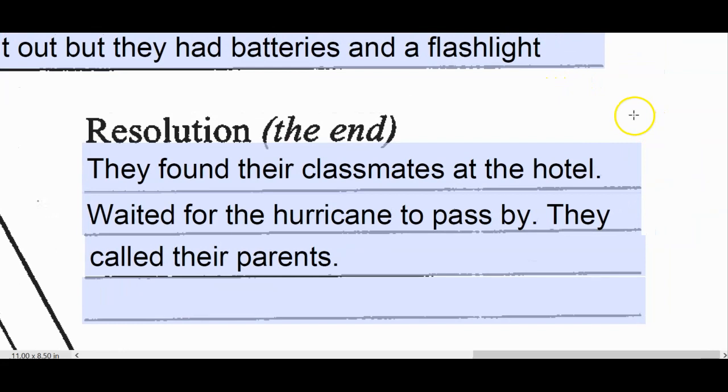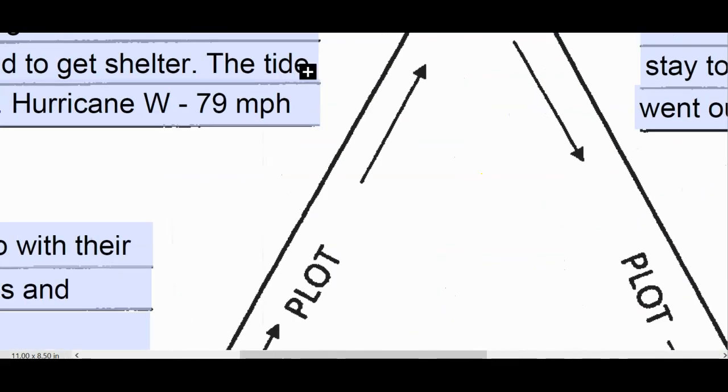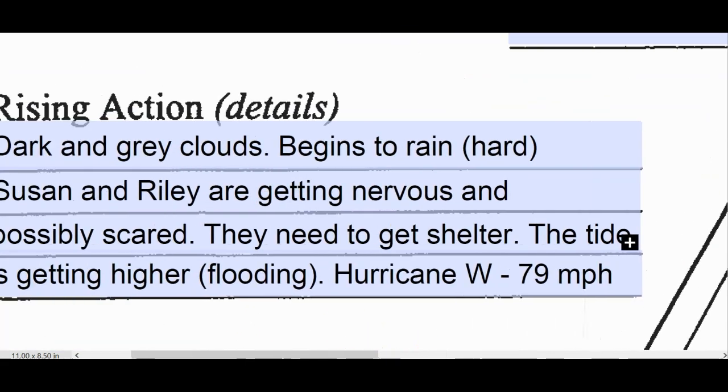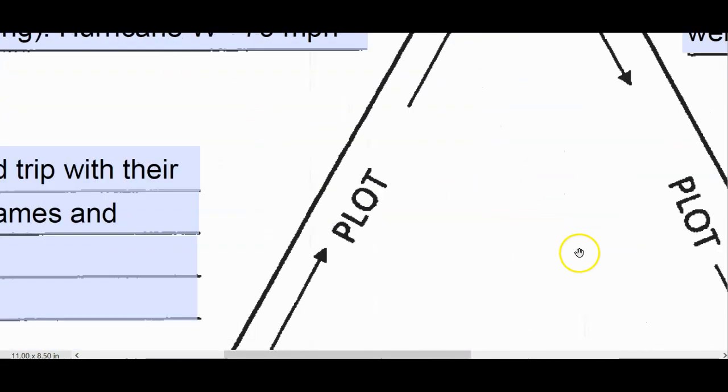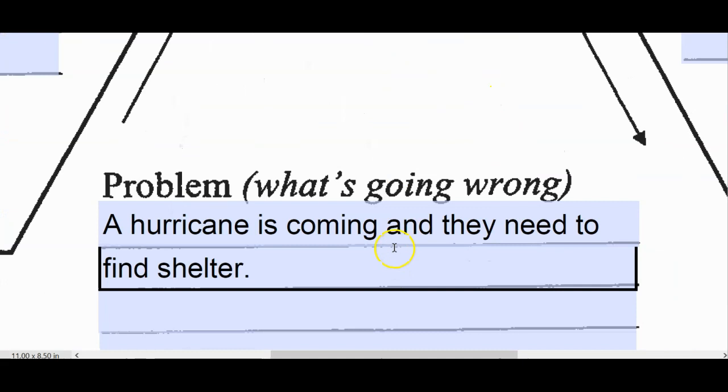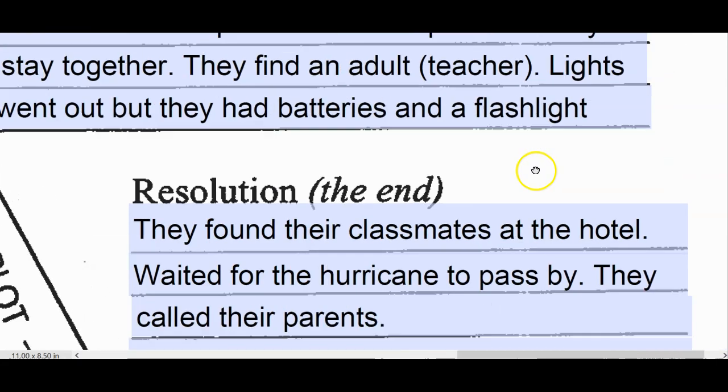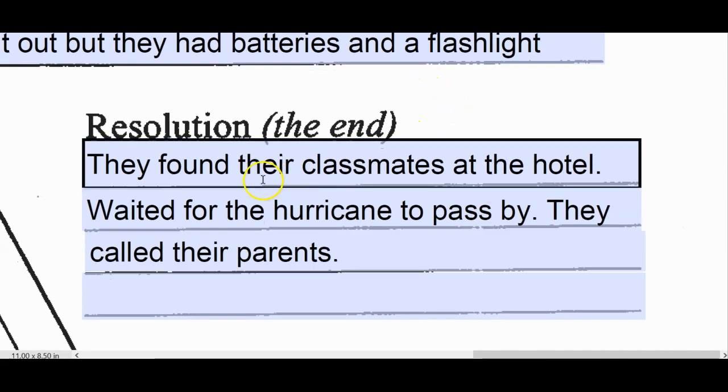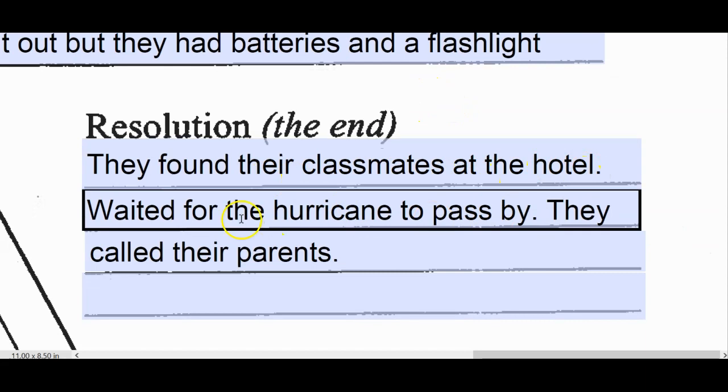Okay, so here's the resolution or the end. They, oh, by the way, after the rising action, here's the problem. What's going wrong? A hurricane is coming, then they need to find shelter. So here's the end of the story. They found their classmates at the hotel.